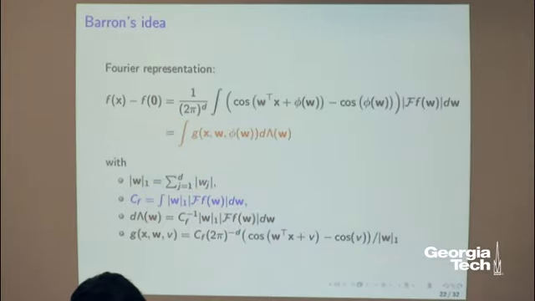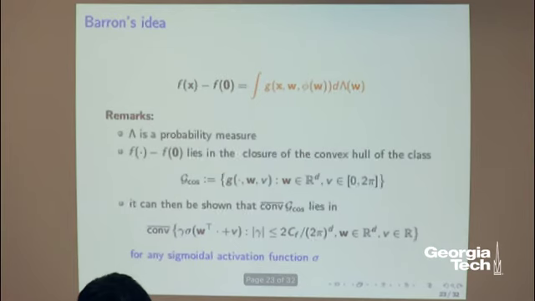Okay, so that means within this space we can now, with this Maurey's theorem, select m representative elements such that we get a rate of convergence 1 over square root of m. And that's the whole argument.